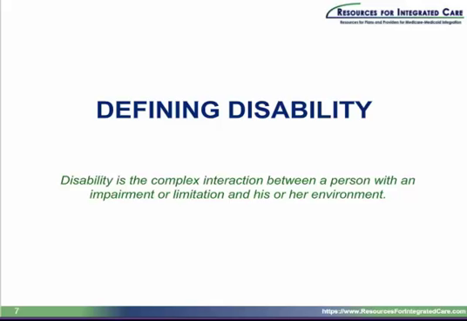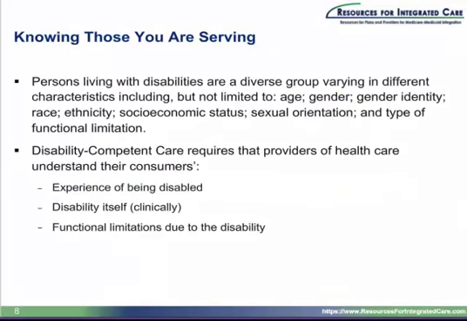The DCC model is based on looking at disability from a function-based perspective, understanding and addressing the limitations experienced. If you know one person with quadriplegia, the next one you meet with quadriplegia will certainly be different. We all vary by age, gender identity, race, ethnicity, socioeconomic status, sexual orientation, function, and a raft of other factors.